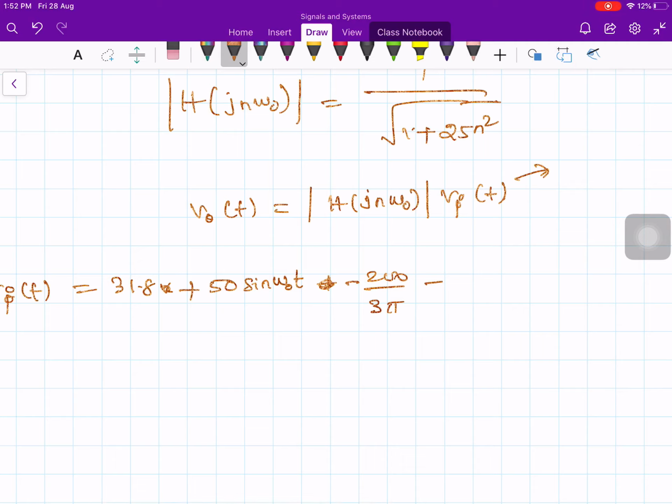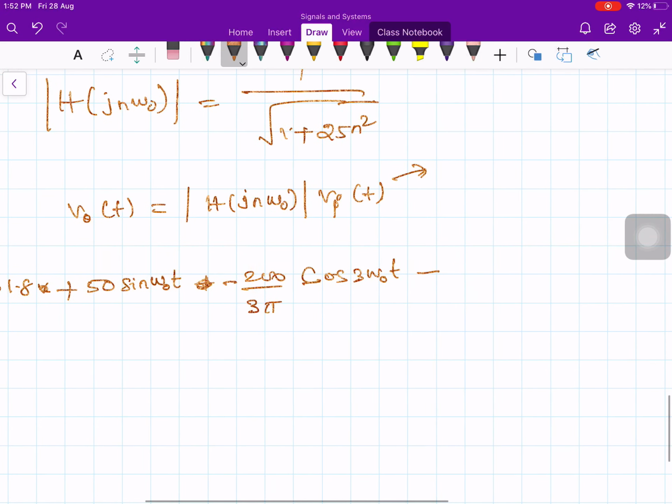Minus cos of 3 omega naught t, then minus... is it even harmonics or odd harmonics? I think these all are... hold on, I got confused. If these all are even components, I'm sorry.